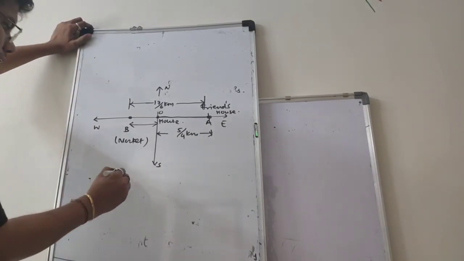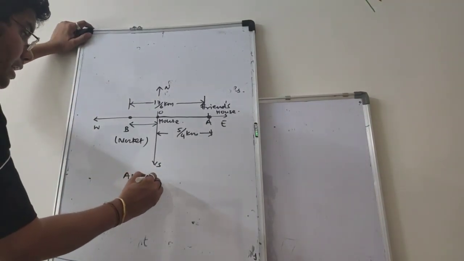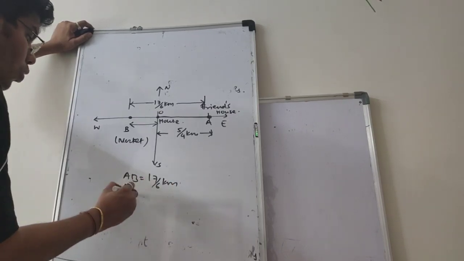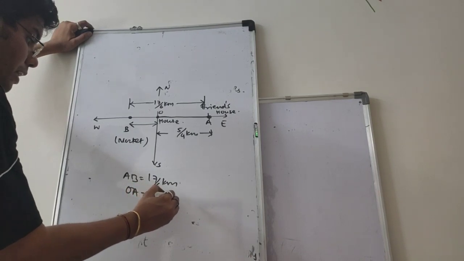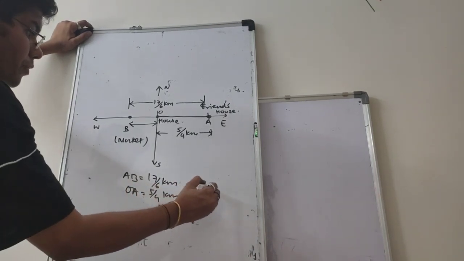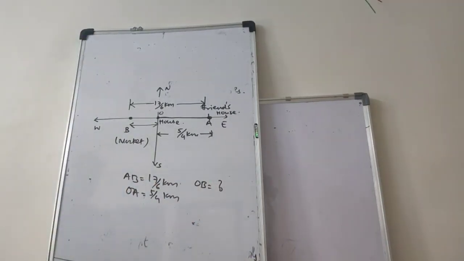Now AB is given, that is 17/6 kilometer. OA is given as 5/4 kilometer, and we are interested to find the value of OB. So how can we calculate the value of OB? So OB is AB minus OA.